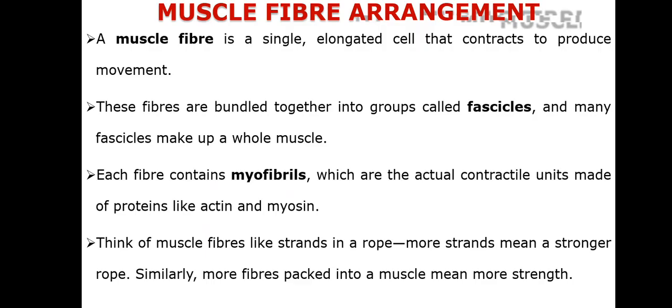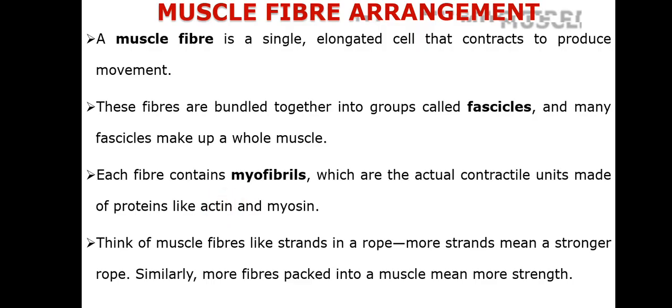So what we're trying to remind you is that this particular muscle fiber has myofibrils, and these myofibrils are basically actin and myosin, the ones that do the swapping and contraction mechanism in physiology. They're the ones that bring about muscle contraction. So each muscle fiber or muscle cell contains contractile units, and the contractile units of a muscle cell are proteins such as actin and myosin.